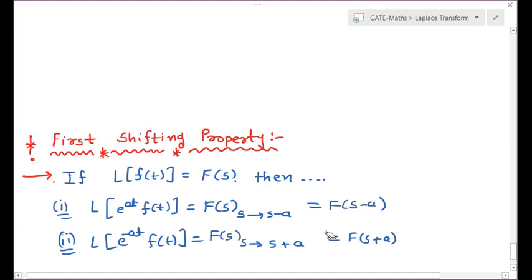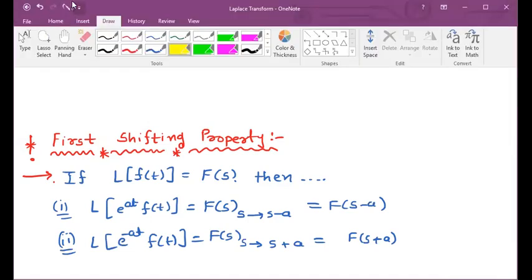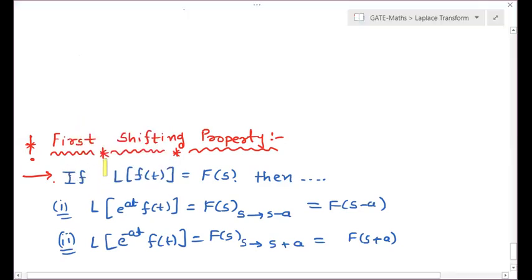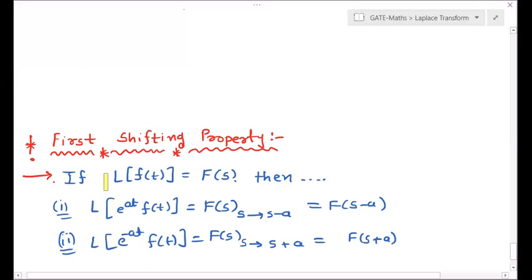So first shifting property states that if e to the power at is multiplied with your function, then in its Laplace, you just have to replace s with s minus a. For e to the power at, you have to replace s with s minus a.